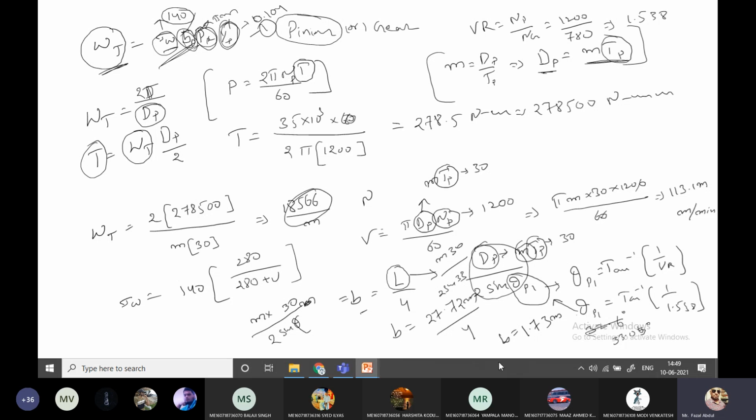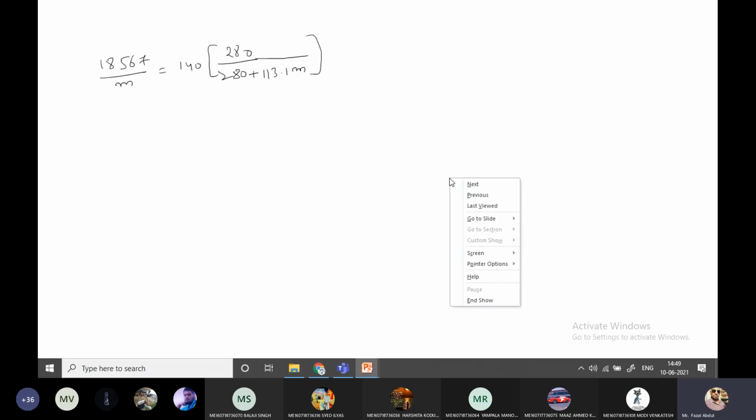WT we got 18567 by module equals 140 into 280 by 280 plus pitch line velocity we got 113.1, into the B value, which is 1.73 module.